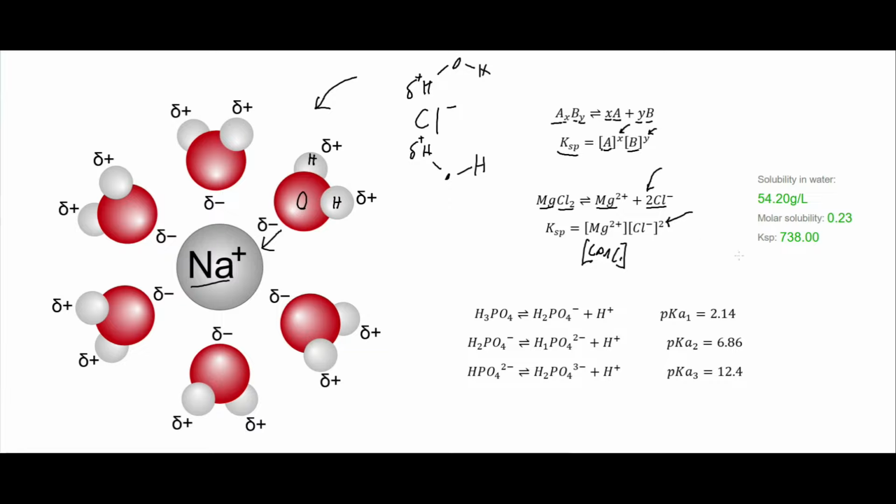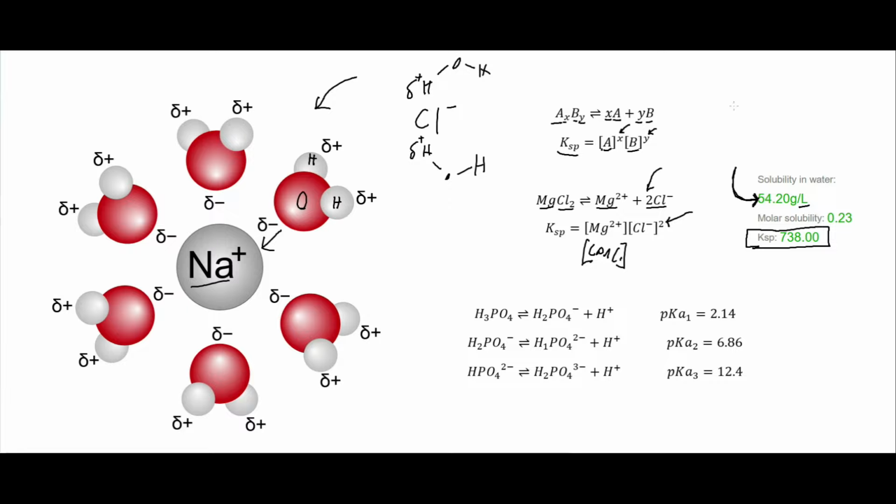I actually found this for the solubility of magnesium chloride here. This solubility probably makes a little bit more sense. When it talks about the solubility, that's the maximum solubility. You can put this many grams of magnesium chloride into 1 liter of water before it starts getting oversaturated.